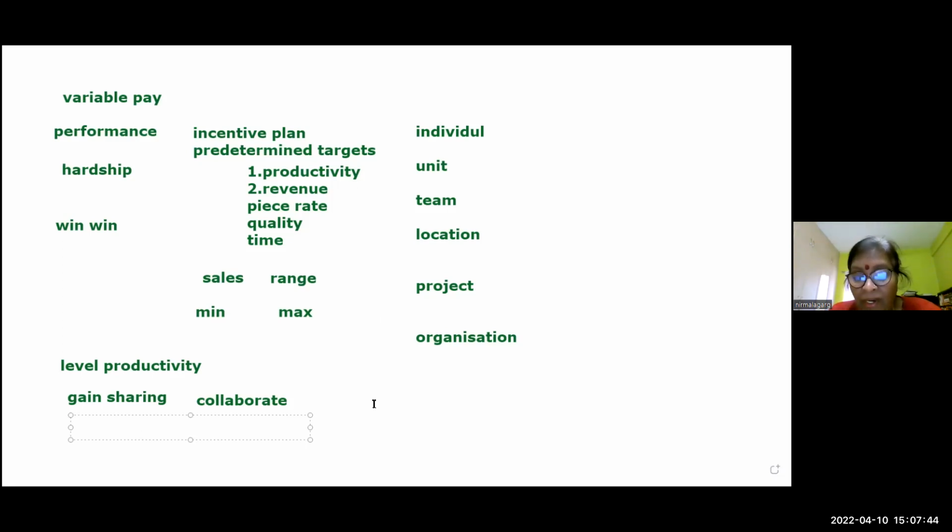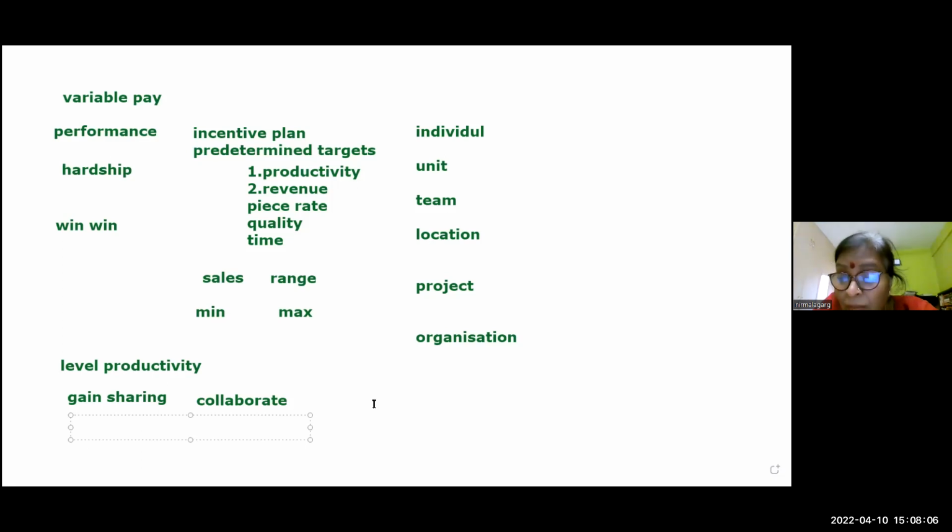Even in your contract letter, if you are getting 25 lakhs as your CTC, 5% or 10% of your salary is variable too. As you go higher, it could be 20, 30, 40.